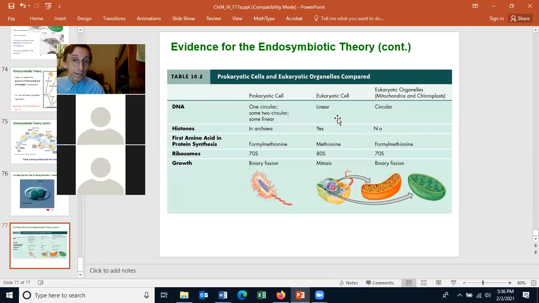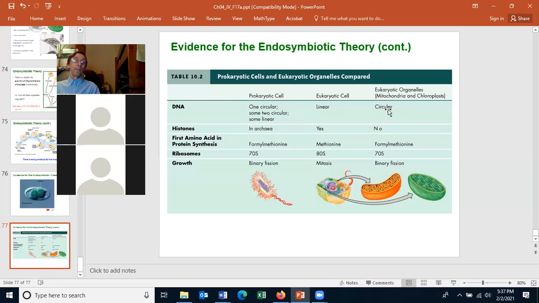Furthermore, you look at the DNA of eukaryotic cells, the chromosome is a linear chromosome, meaning the DNA molecule has a beginning and an end part. The DNA of prokaryotic cells is circular, meaning it wraps around and the ending part is where the beginning part is. And the DNA of the mitochondria and the chloroplast is circular.